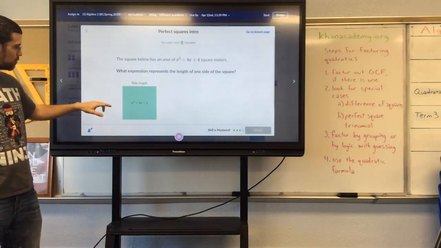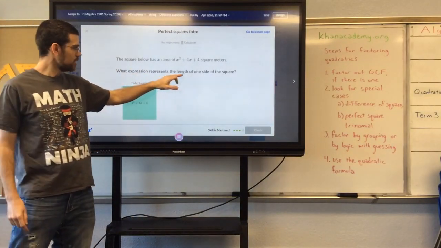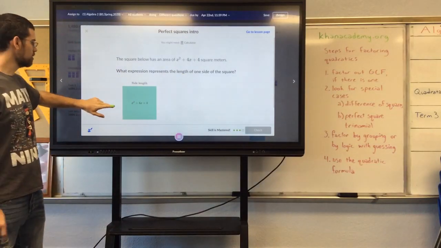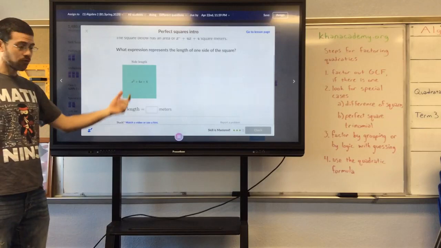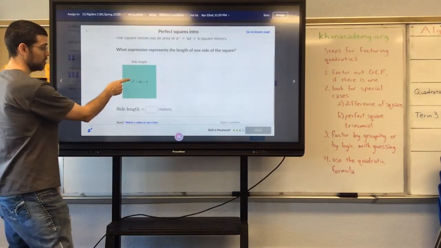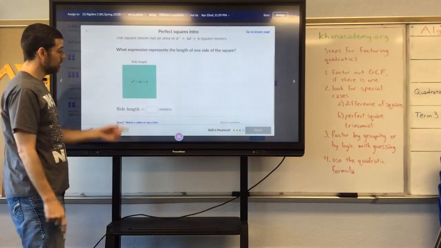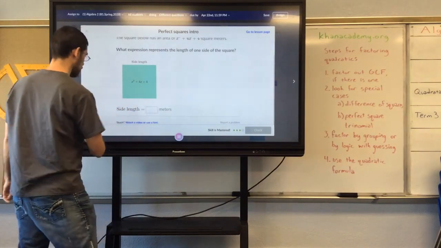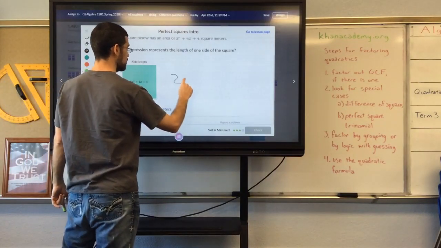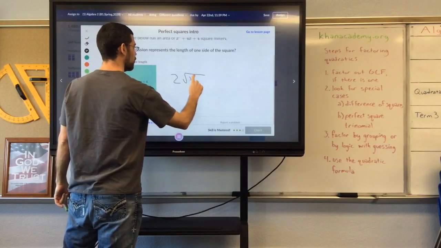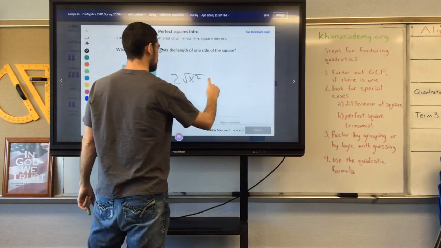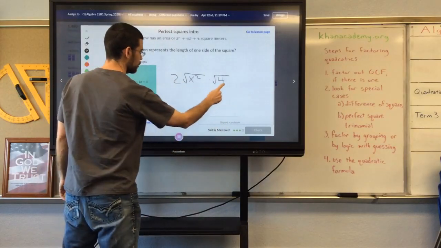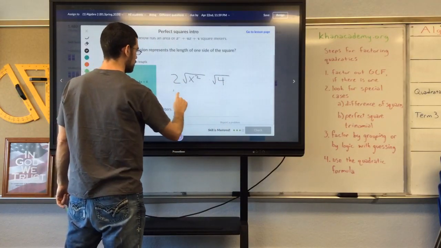All right, this is a square. What expression represents the length of one side, so only one of the factors? It's a perfect square trinomial because the first and last terms are squares, and the middle term is 2 times the square root of the first term times the square root of the second term. This is 2, so 2 times 2 is 4.